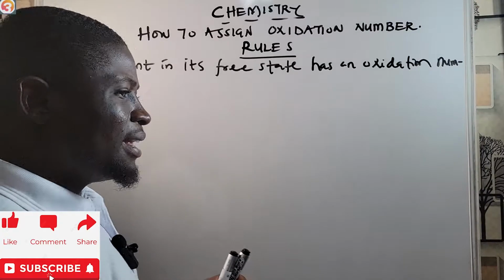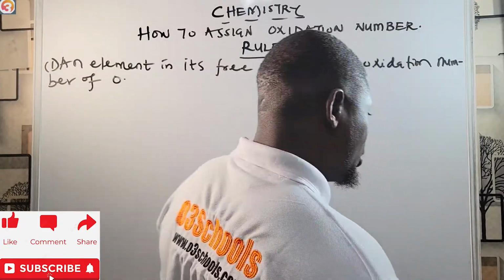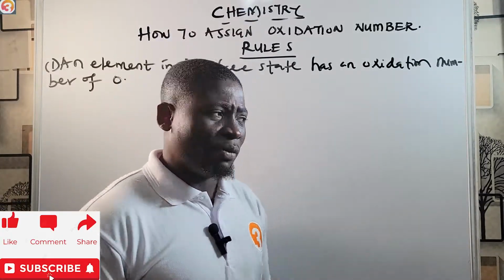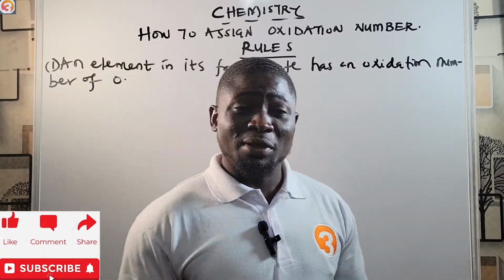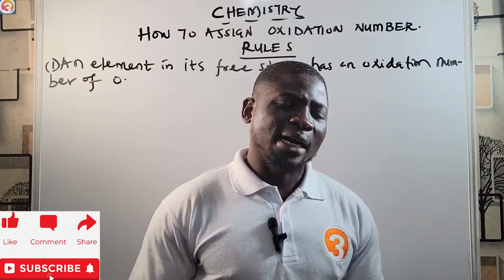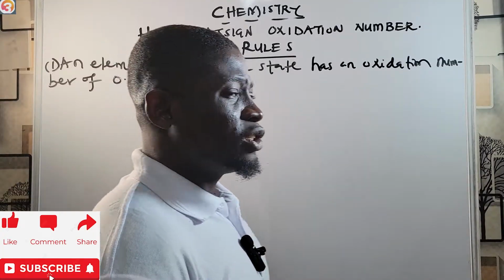I'm sure in the previous episodes we have already had an idea about elements in their free state. If this is your first episode, there are so many episodes about oxidation and reduction reactions, so please go back and watch them.